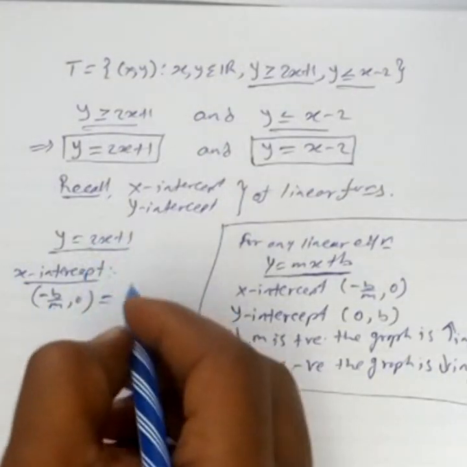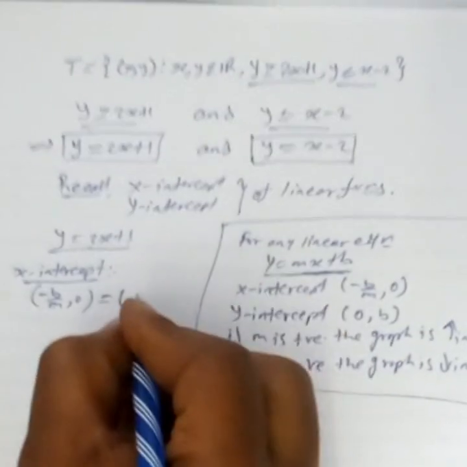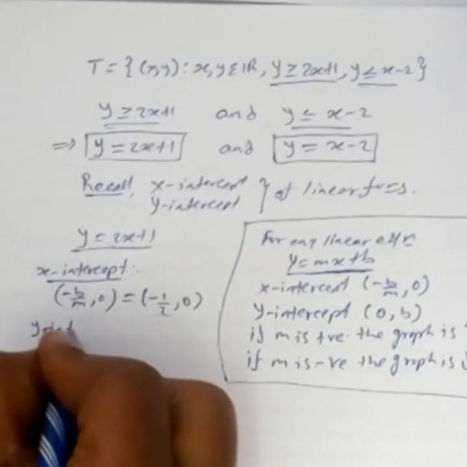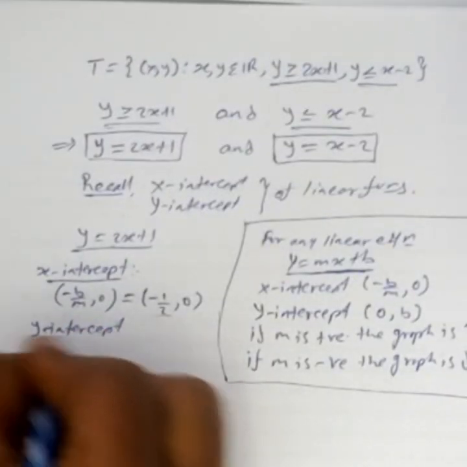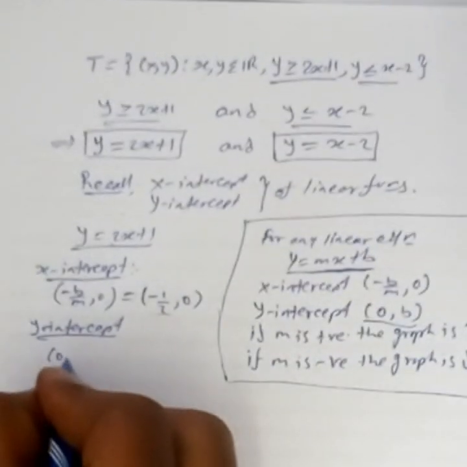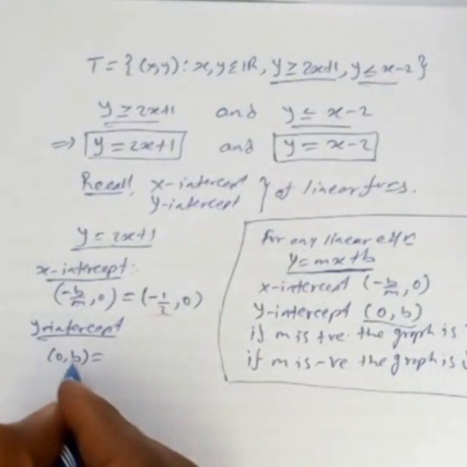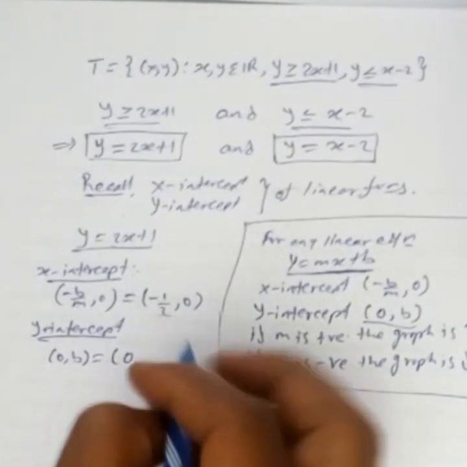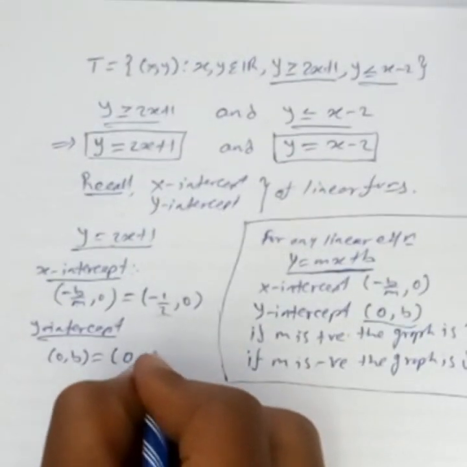Therefore, this is (minus 1 over 2, 0). The y-intercept is (0, b), but the value of b is 1. Thus, the graph touches the y-axis at (0, 1).